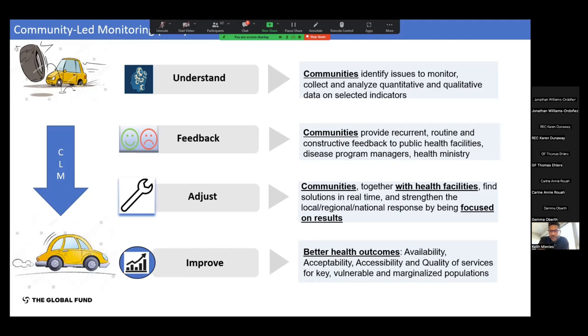In this case, the wheel has fallen off. And by creating a constant routine loop of information sharing, feedback, and co-creation that is underpinned by accountability and independence, this car can function and continue driving down the road. Next slide, please.